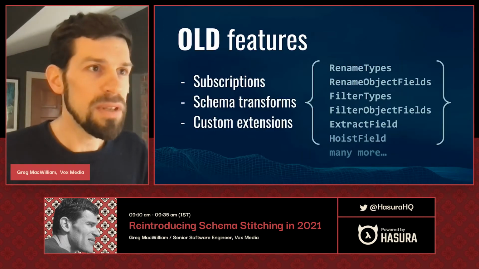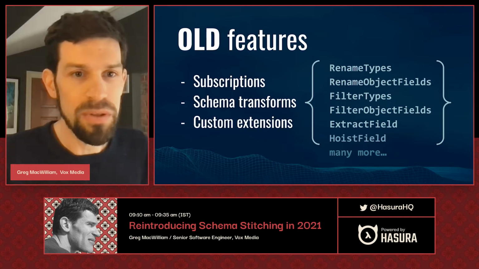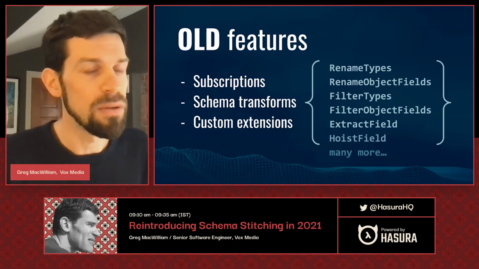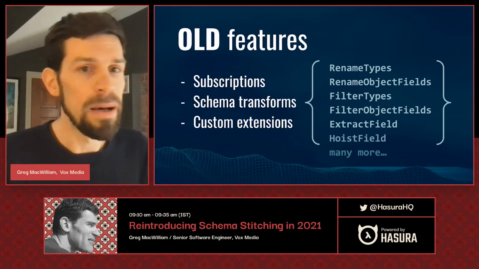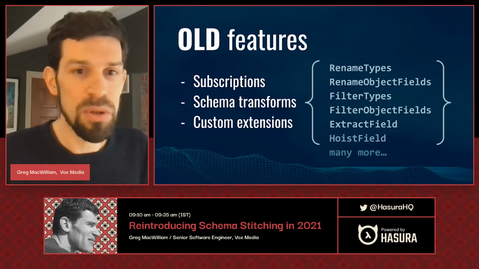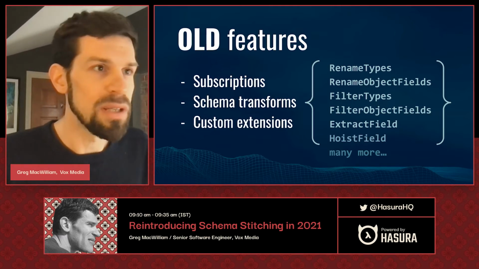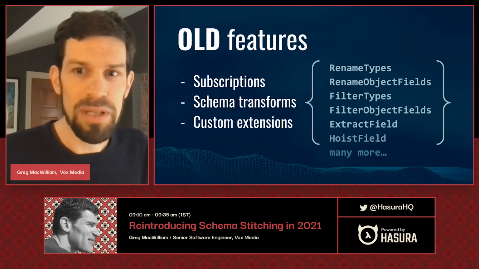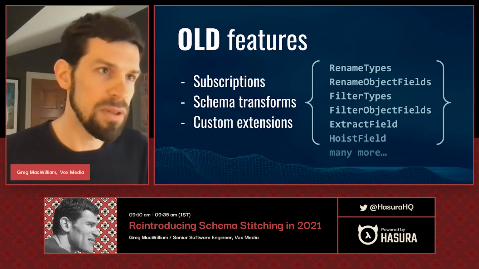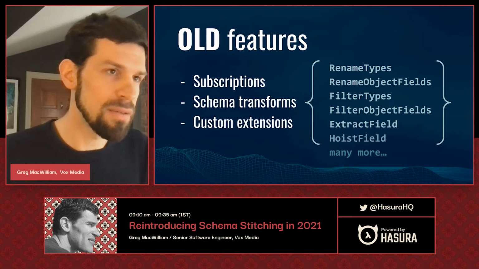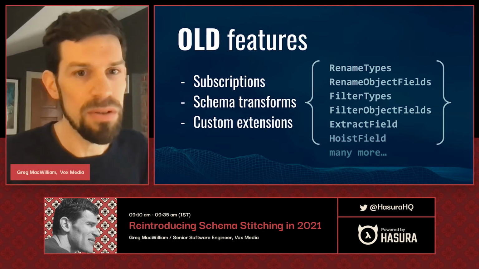So schema stitching in GraphQL Tools today under the Guild has all of the same old features that you have used before, if you're familiar with it. It still does subscriptions. It's got a large suite of schema transforms, so things like renaming types or object fields, filtering things out of schemas, extracting and hoisting, so taking a field from one spot and putting it into another spot.